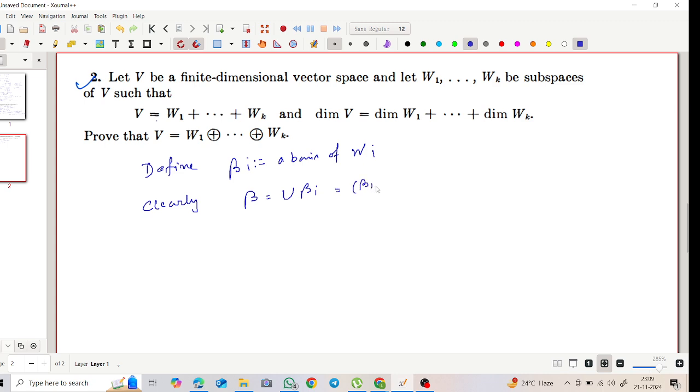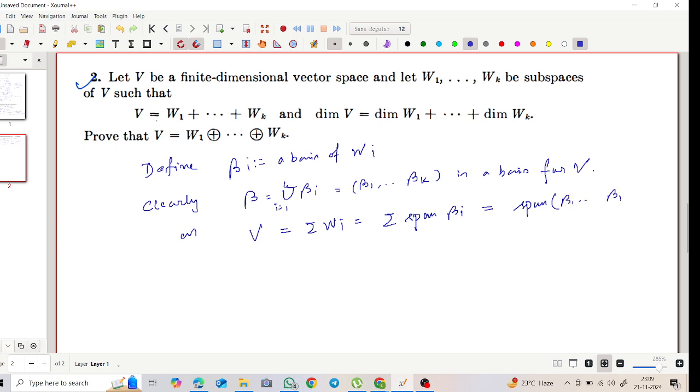I mean I'm writing this way, beta 1 like the ordered basis, the way we write it, is a basis for V, right, since V is summation Wi, that is summation span beta i, that is span beta 1 to beta k, right.